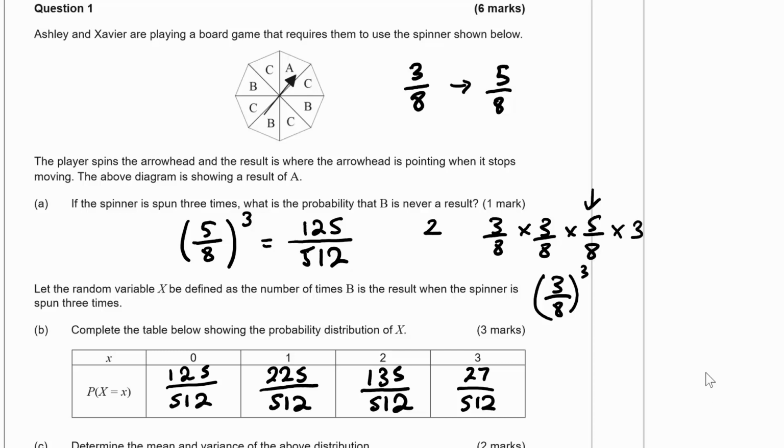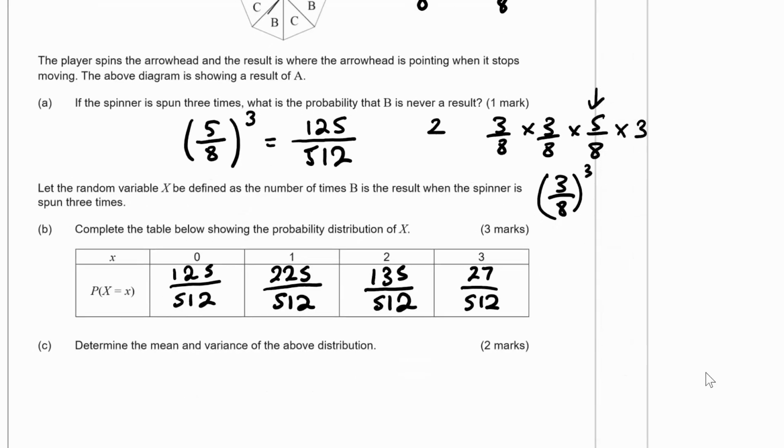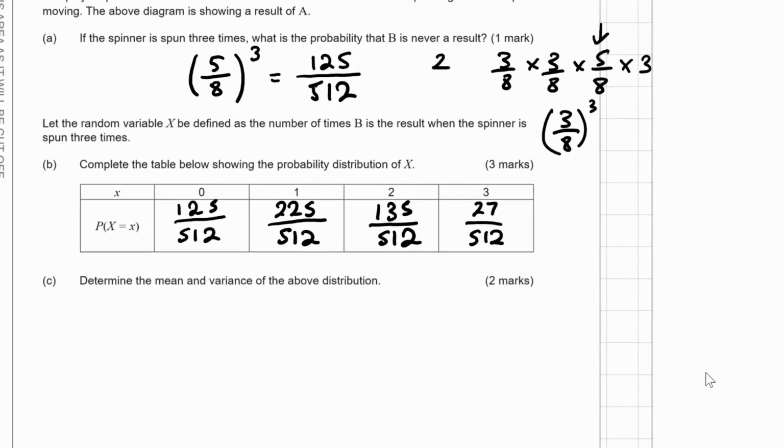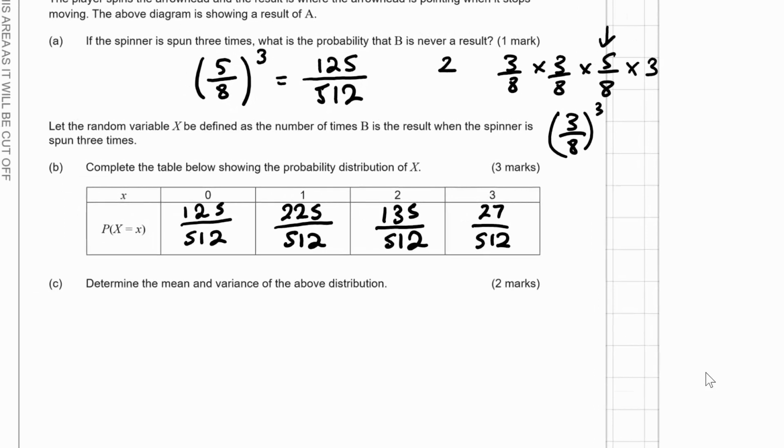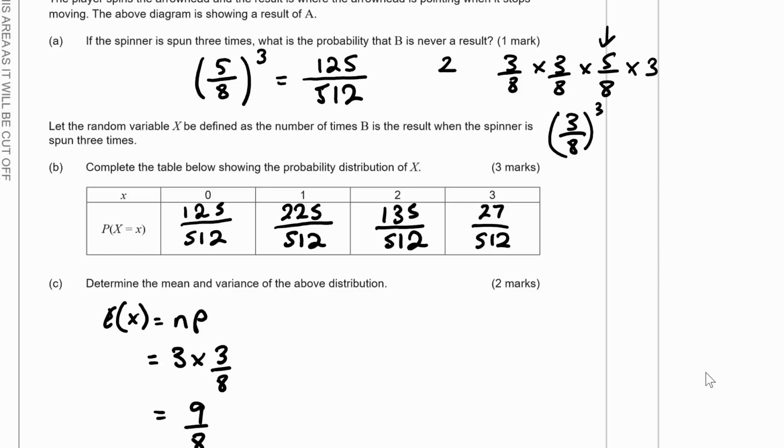So we're being asked to determine the mean and variance of the above distribution. Now, it's a binomial distribution, so the expectation is just np. So there's 3 rolls, and the probability of success is 3/8, which gives us 9 over 8.